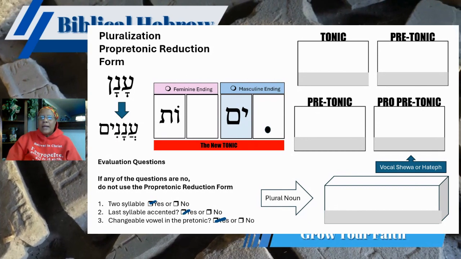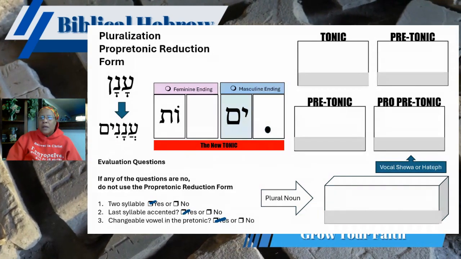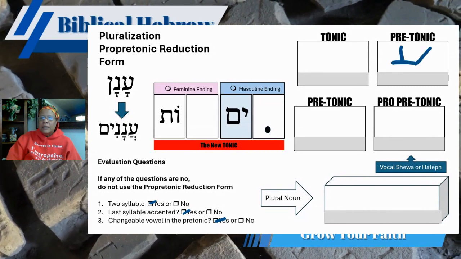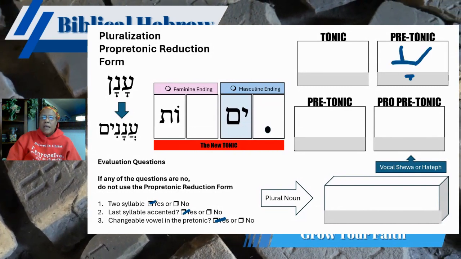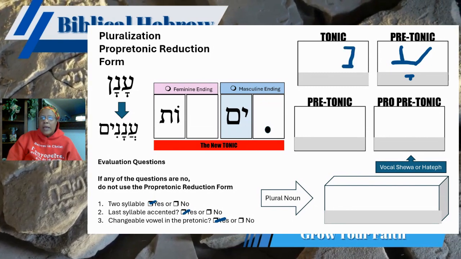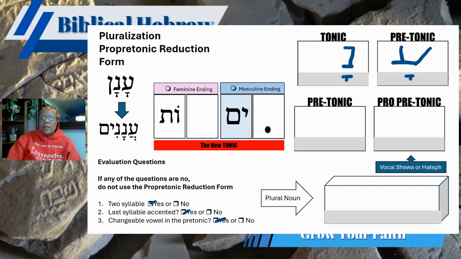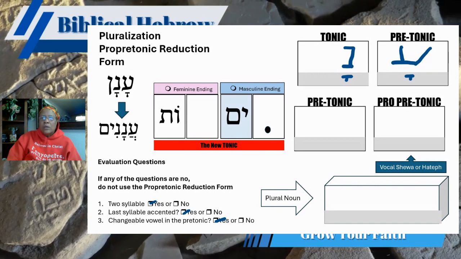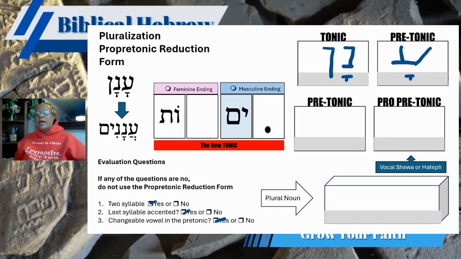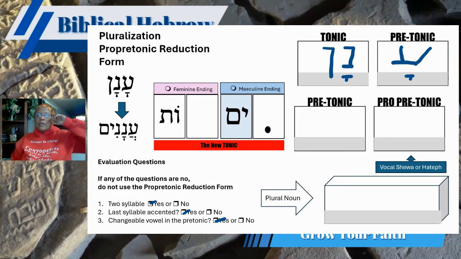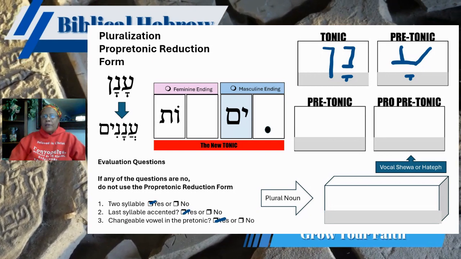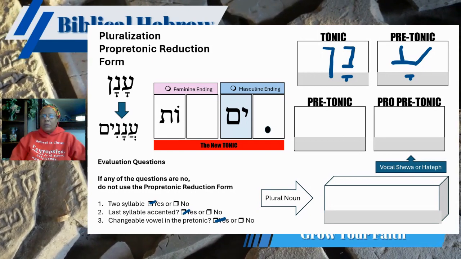So the pretonic, anan, is the qamets, and then we have the nun and qamets, and then the nun sofit. Okay, the nun sofit. So anytime you hear sofit, you know that that's going to change to the regular nun when we actually start drawing the other letters. Okay, let's pull this down.